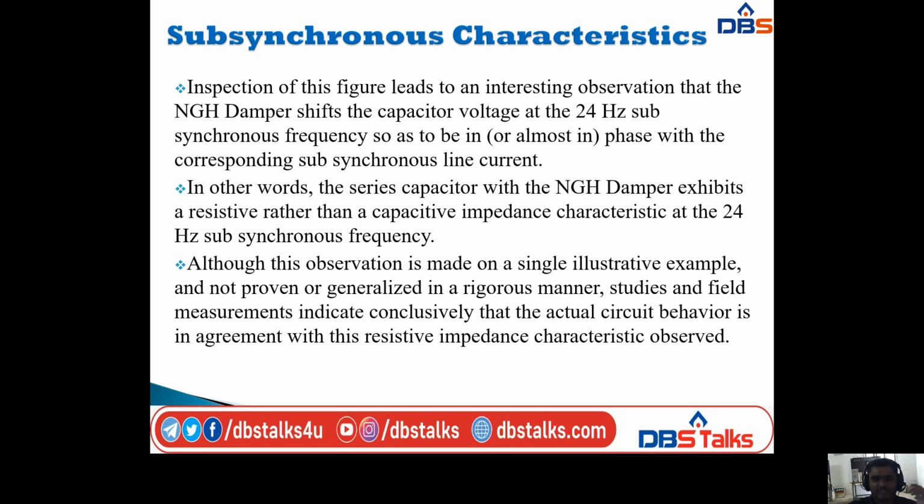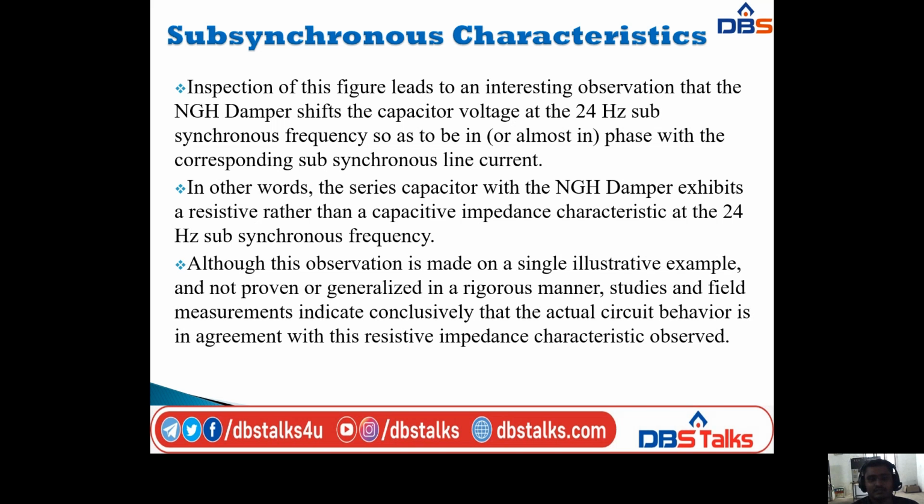Next, inspection of this diagram leads to an interesting observation: the NGH damper shifts the capacitor voltage at the 24 Hz subsynchronous frequency so as to be in phase with the corresponding subsynchronous line current. In other words, the series capacitor with the NGH damper exhibits a resistive rather than a capacitive impedance characteristic at the 24 Hz subsynchronous frequency.